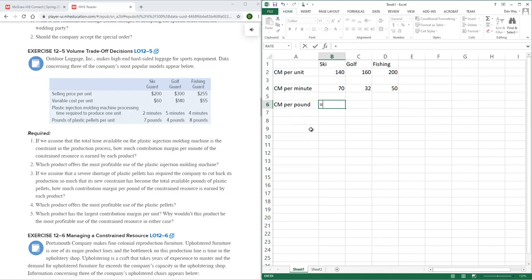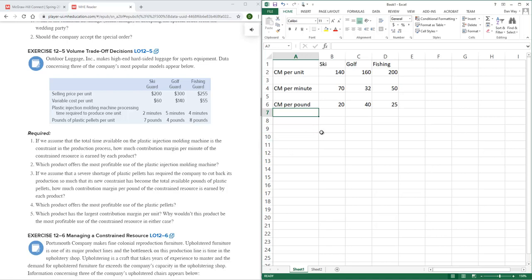We want the CM per unit of product, so $140 here for the ski guard, divided by the 7 pounds of pellets it uses, $20 per pound. The golf guard had the CM of 160 per unit, divided by 4 pounds, or $40 per pound. And then the fishing guard, $200 per unit, divided by the 8 pounds it takes, or $25 per pound.